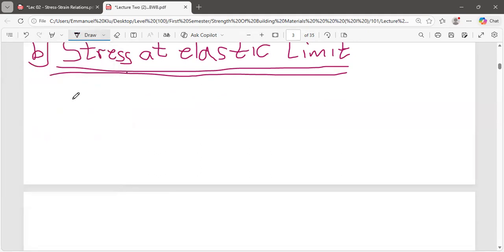From here, our stress at elastic limit, if I write subscript E, you should just know I mean the stress at elastic limit, is equal to the load at elastic limit, P at E, all over the original area, so I'm going to write A O. Don't get confused.